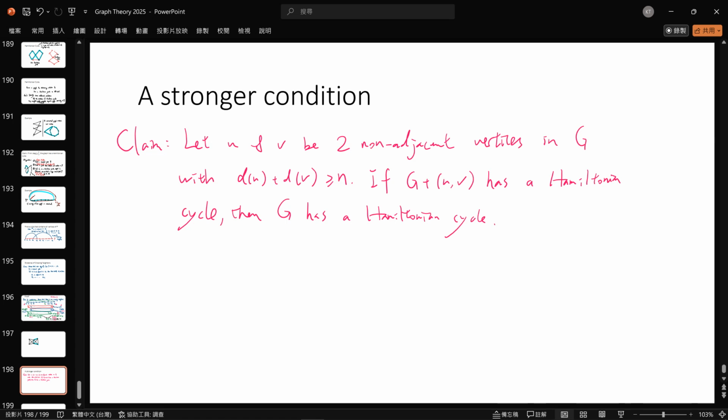Because if we do not know whether the original graph has a Hamiltonian cycle or not, then how can we possibly know a bigger graph has a Hamiltonian cycle or not? Right? Because it seems like if you have a larger graph, then it's more difficult to see whether there's a Hamiltonian cycle or not.